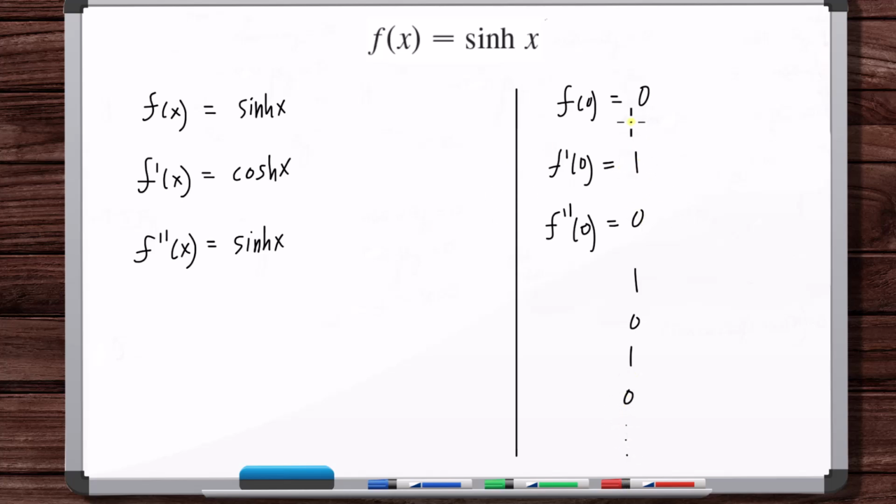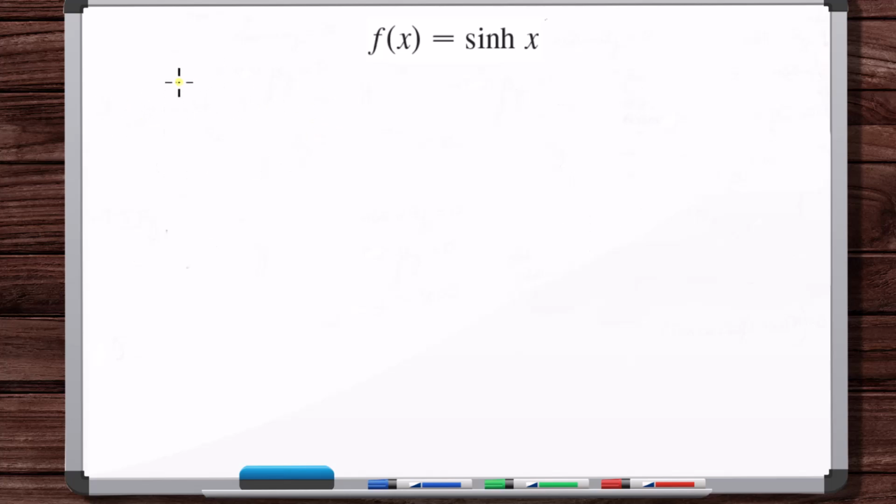Okay, so once again we've got these 0 terms. So let's go ahead and go to the full coefficients. f prime of 0 is 1. f triple prime of 0 is 1. f to the 5th of 0 is 1.